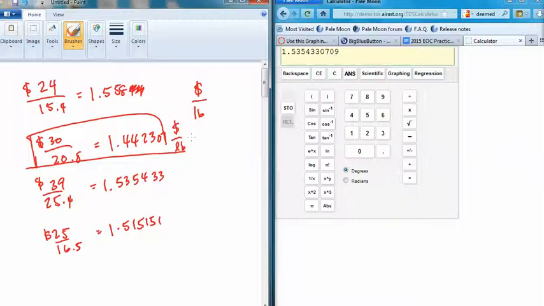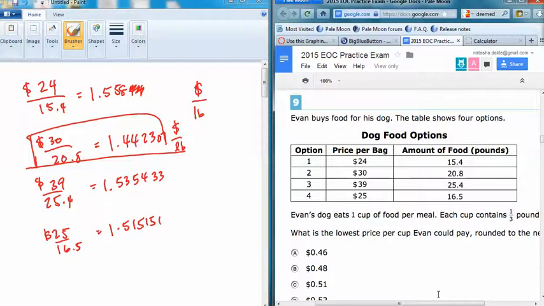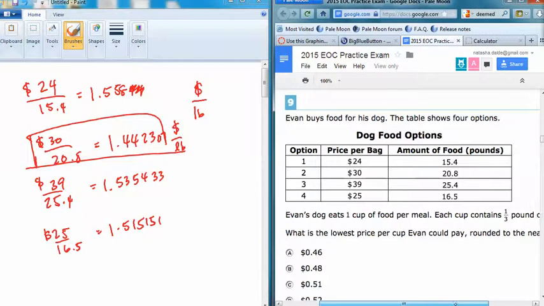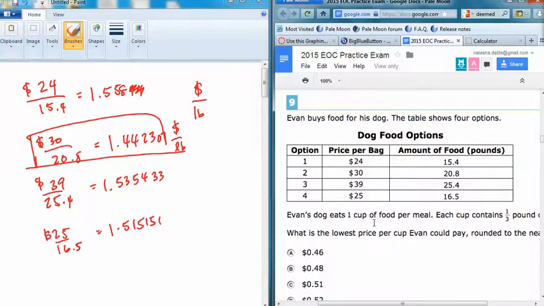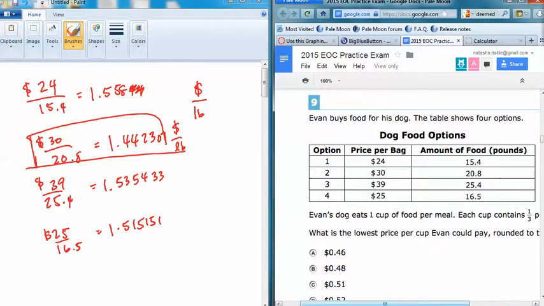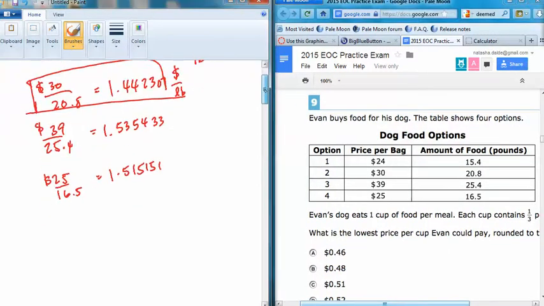Now, in the problem, it said that the dog eats 1 cup of food per meal. Each cup contains a third of a pound of food. Okay? So this is $1.44 for a full pound. Let's do a third of that.